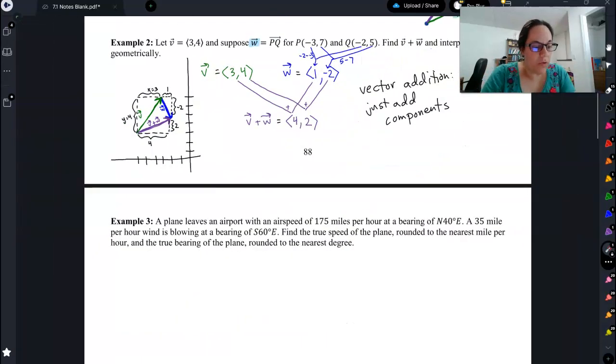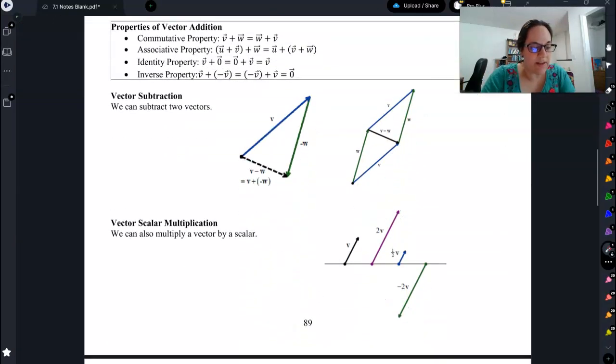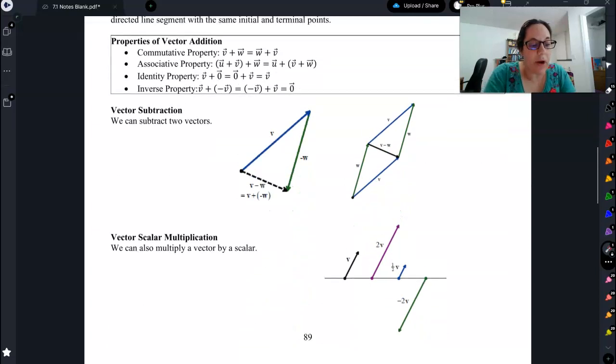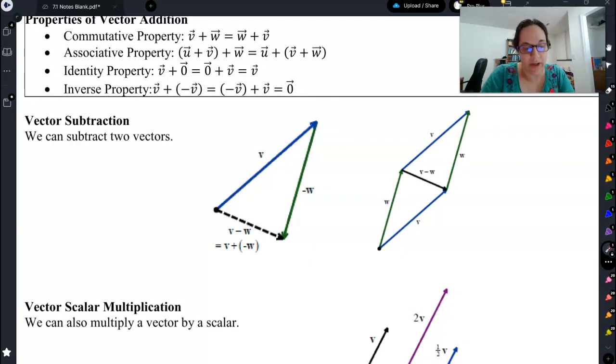Let's talk about 2 quick little things in this video. We can also do vector subtraction. So vector subtraction is where I take my first vector and my second vector and line them up and then look at where they are from end to end. You could also line them up kind of like this. They've made this parallelogram.